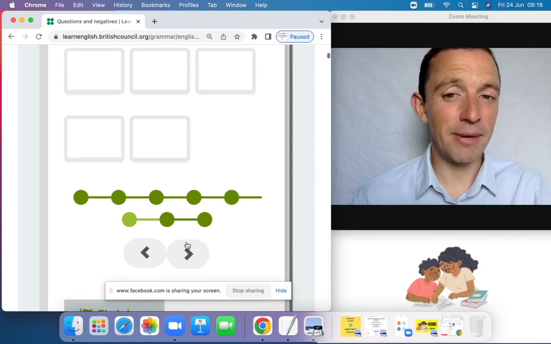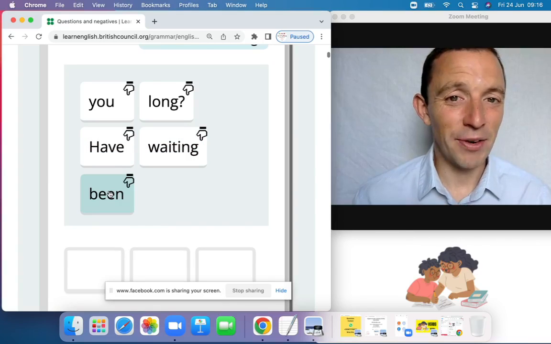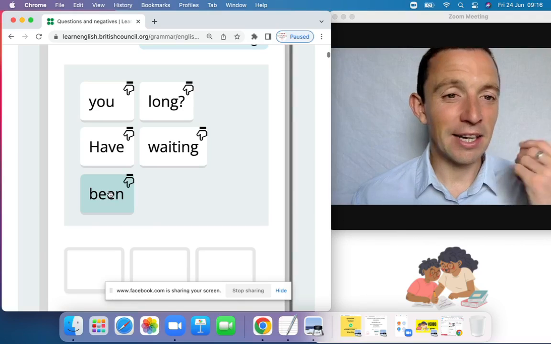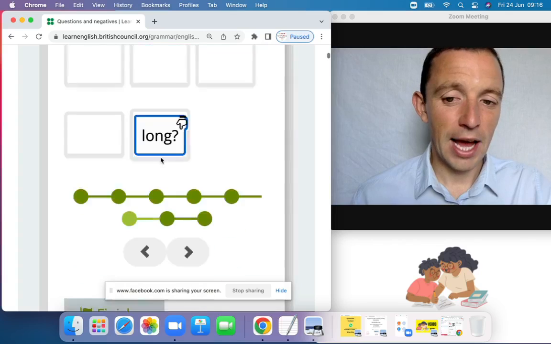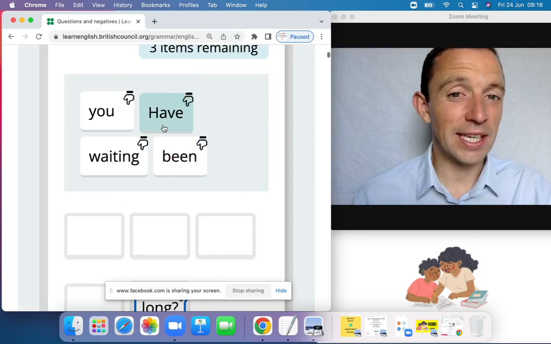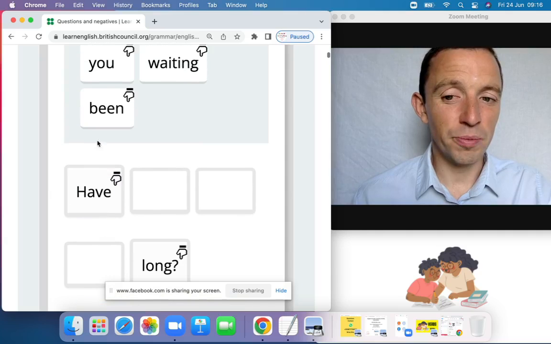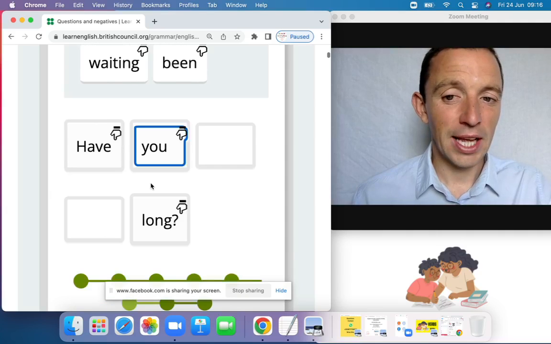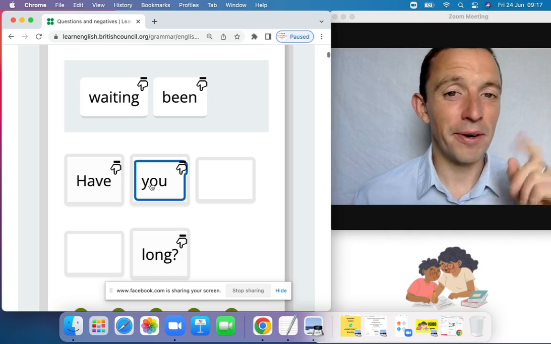Next, 3 more. You long have waiting been. Of course, it's necessary to change this order. And the question mark is with the last word long. And the capital letter is with the first word have. The subject, you, have you. And the next verb, we have 2 verb forms.